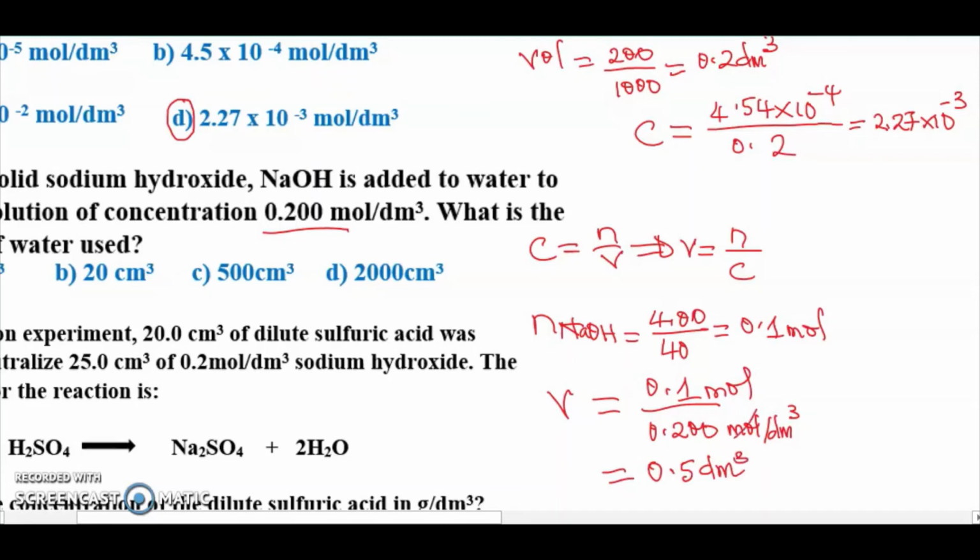Remember, mole cancels mole and we are left with dm³. And to move from dm³ to cm³, what we do is we multiply by 1000. So if you multiply 0.5 by 1000, you're going to have 500. So that gives us 500 cm³. So the correct option is C, 500 cm³.